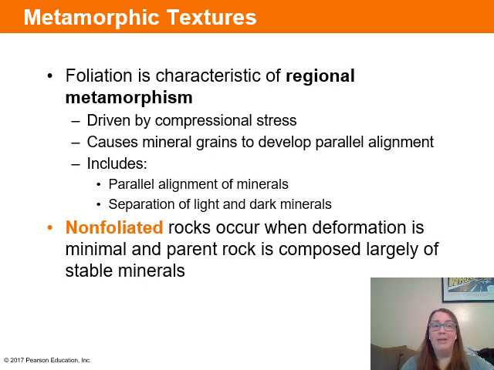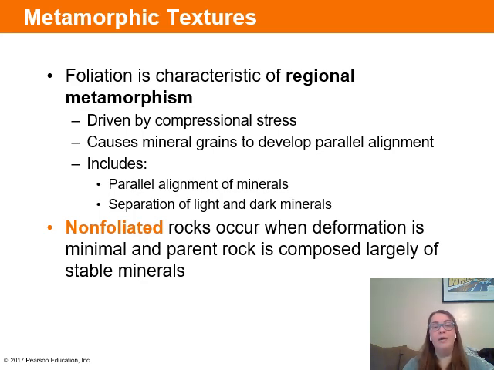So this is, again, going to cause the minerals to start aligning themselves in one overall direction. They're not going to be perfectly parallel, but overall they're going to be lined up in one orientation. So we could see that the minerals themselves are going to align, or in the case of very high-grade metamorphism, we're actually going to see that separation of the light and dark colored minerals like we just saw on that last slide.